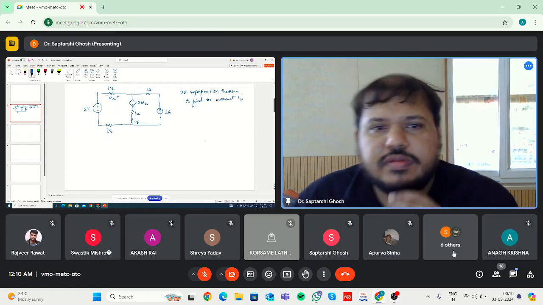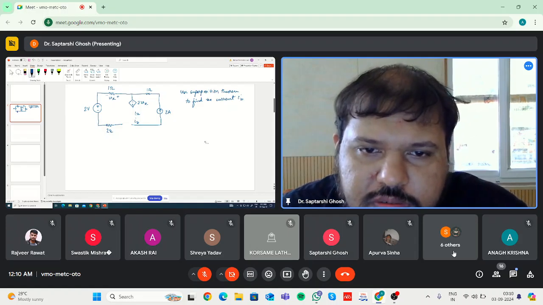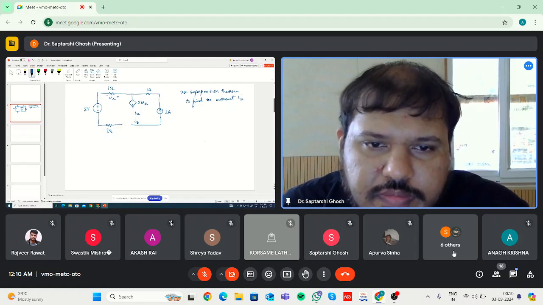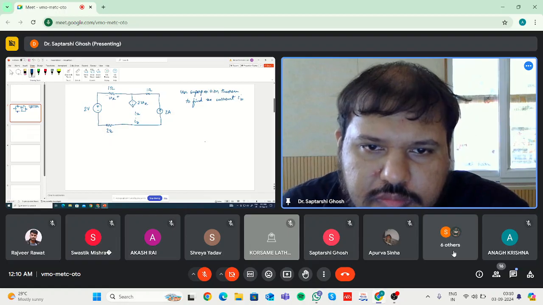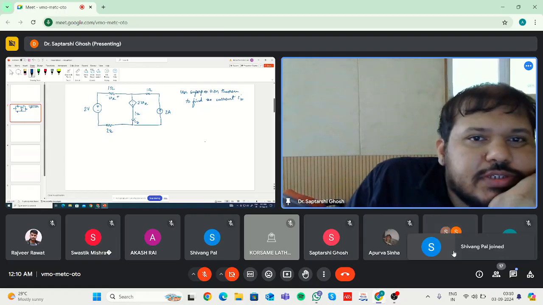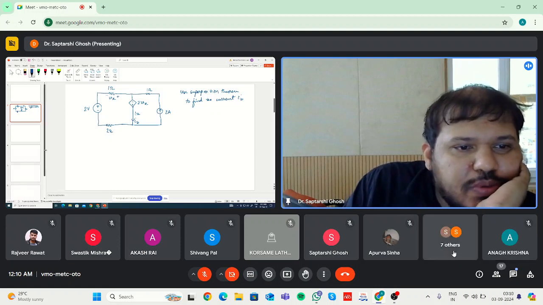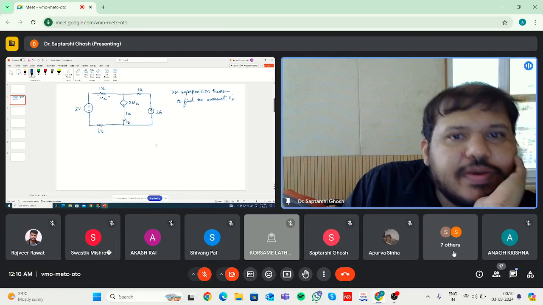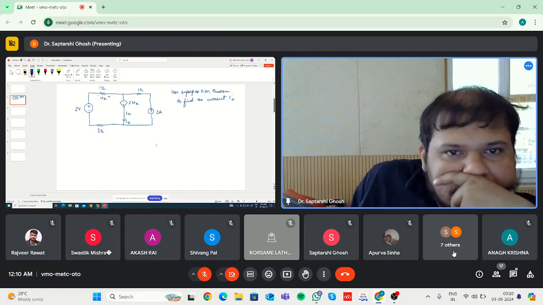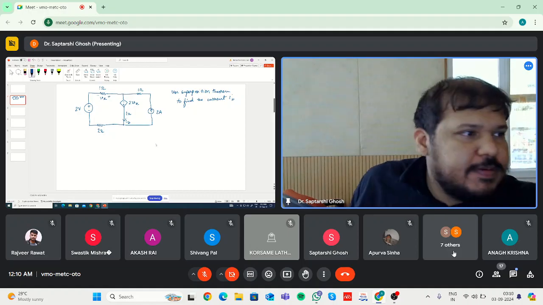Okay. So how will you try this? So we are first seeing an example of how to apply the superposition theorem when there is a dependent source. Okay, so dependent source problems are very important.